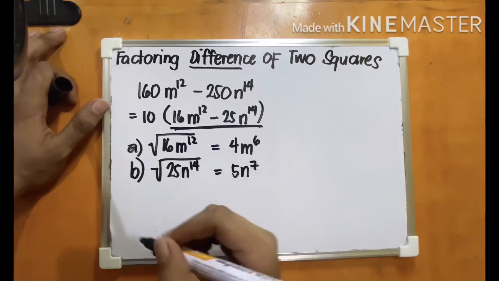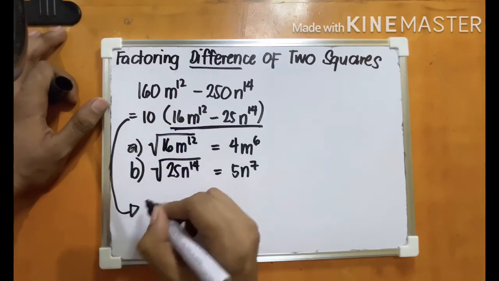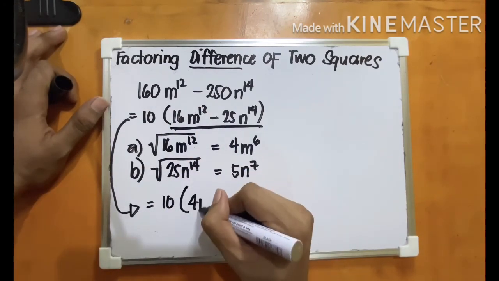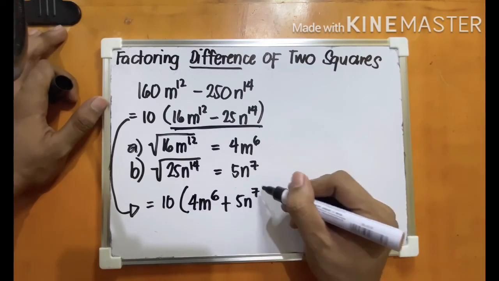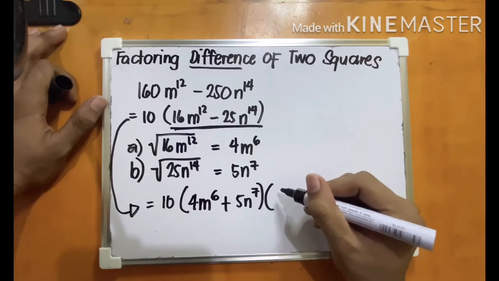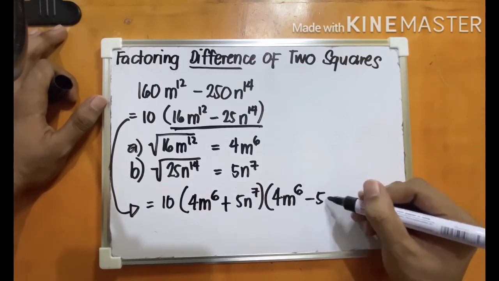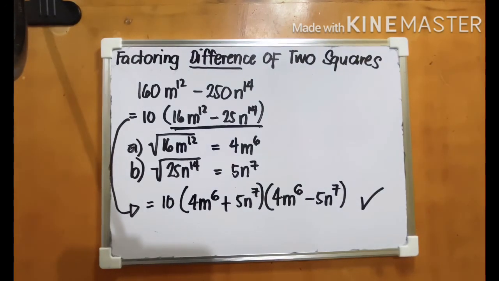So for the complete factor, after this one, you will write 10(4m⁶ + 5n⁷)(4m⁶ − 5n⁷). And that is the factored form.